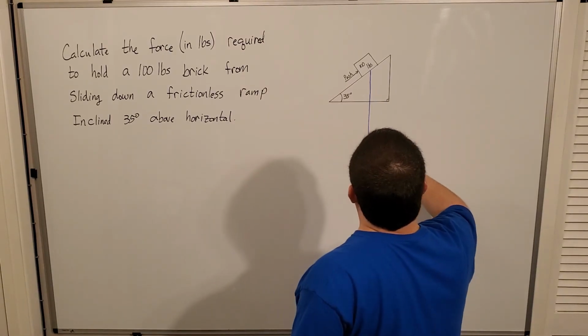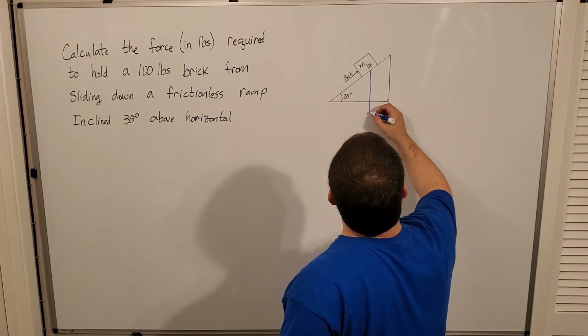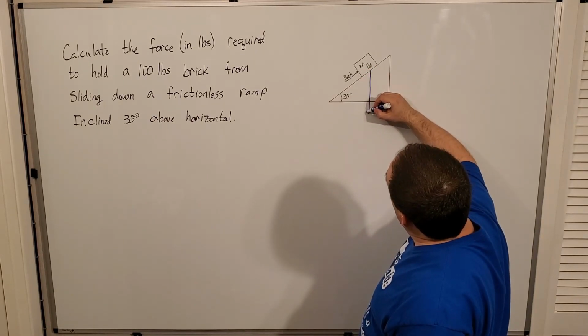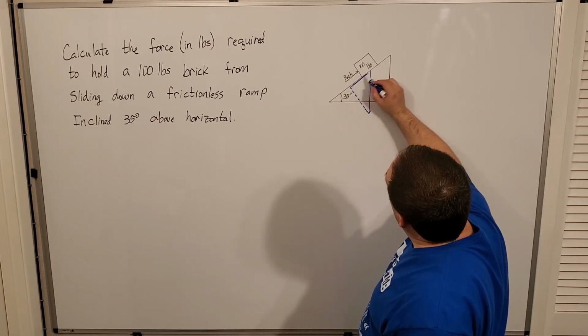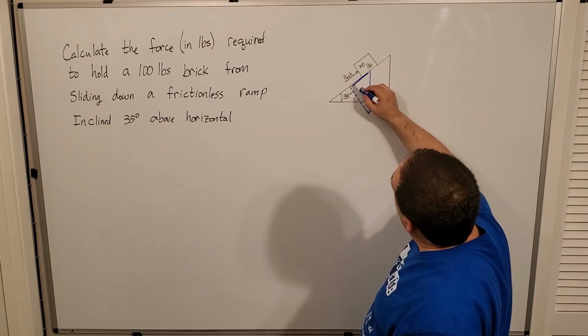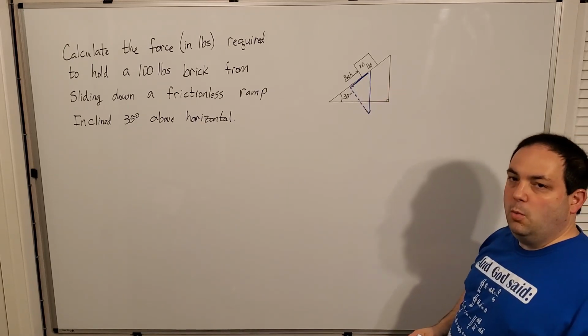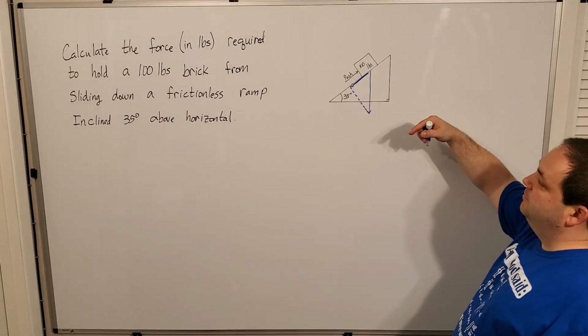The projection of this, go a little bit shorter. The projection of this onto the ramp gives us this piece right here being projected, pointing in this direction. In other words, that's the component of the weight that we're fighting against, right?